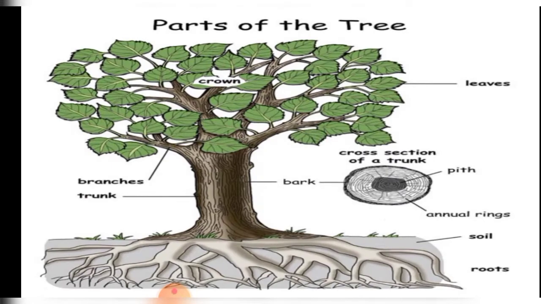We had also discussed the parts of trees. There are many parts in trees like branches, trunk, root, leaves, crown, and many others. In this chapter, we are learning about one of its parts, that is roots.